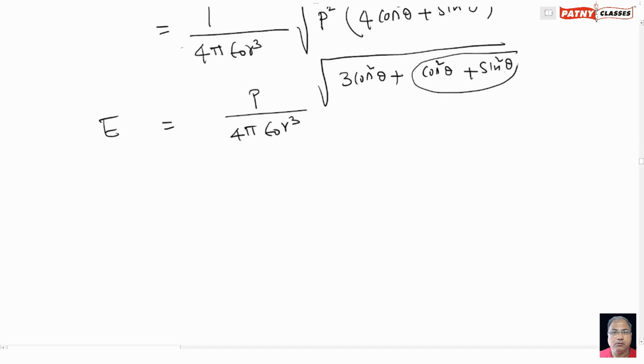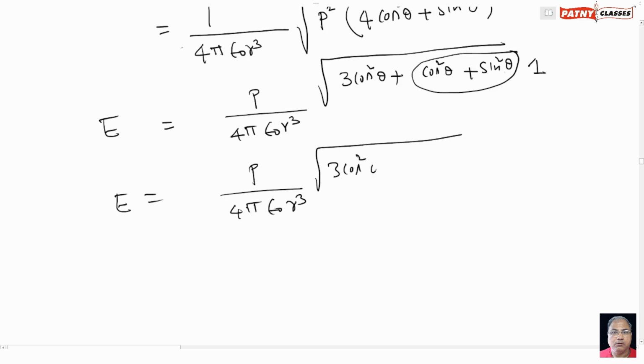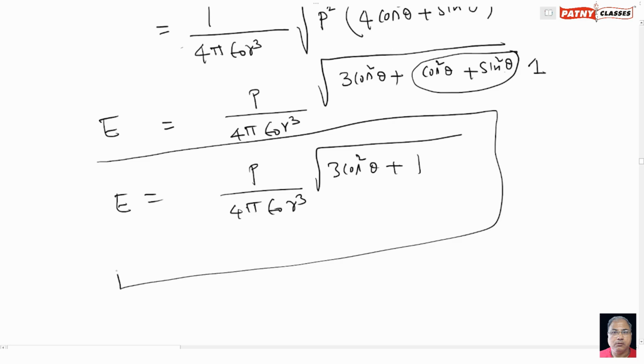The value of cos square theta plus sin square theta equals 1. Therefore, E equals P divided by 4 pi epsilon naught r cube under root of 3 cos square theta plus 1. So this is the required expression for electric field intensity due to a short dipole.